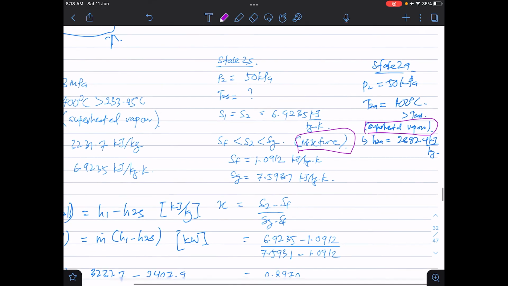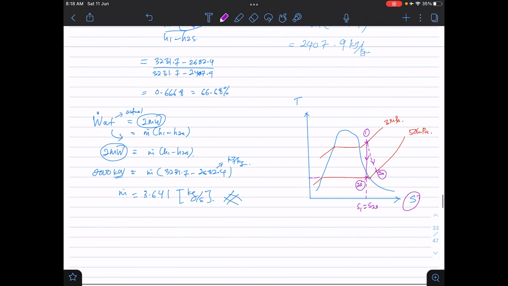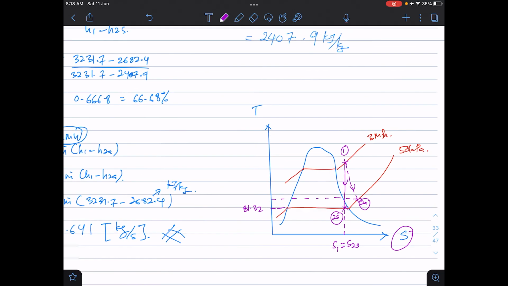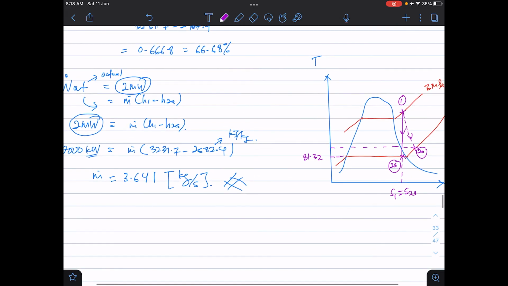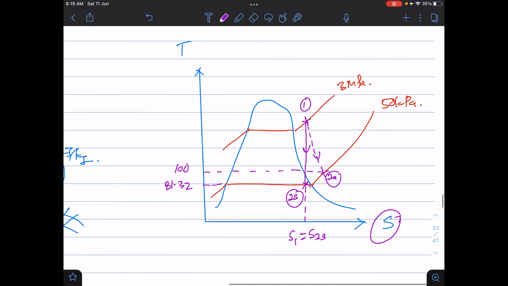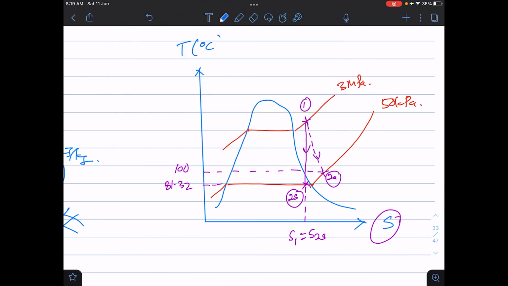So 2s, just now, is 81.32. For 2a, it should be greater than that, which is T2a is 100 degrees Celsius. And also don't forget to put the unit here, degrees Celsius.